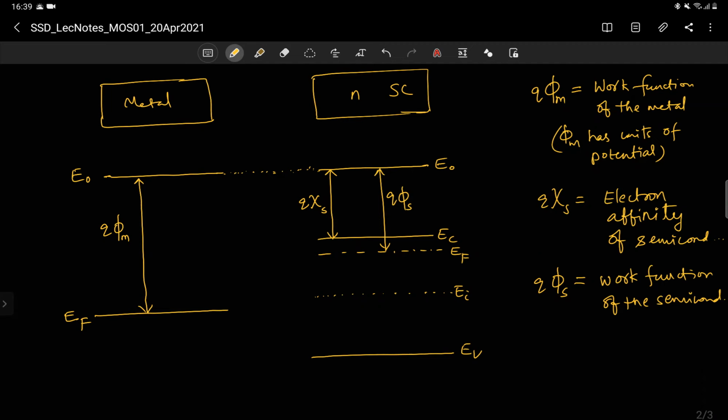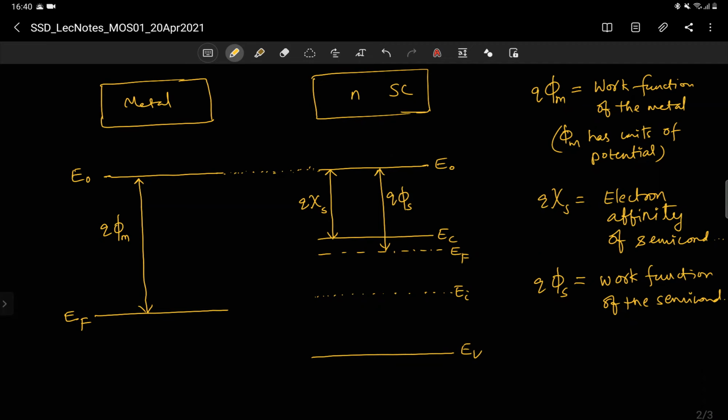So can I say that since the semiconductor is already N, I will consider the metal as P simply? Can I say that just like that? It is not possible.